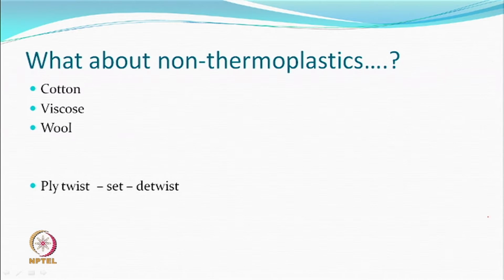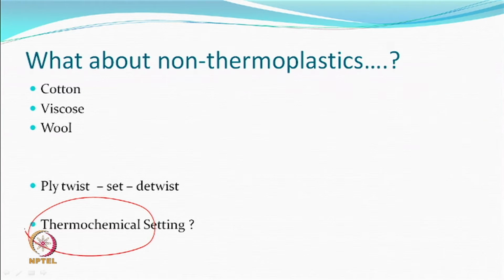So, the process will be the same. Here also take two yarns, give them a plied twist of an appropriate value and set and detwist. Only thing is, now the setting may not be thermomechanical, but may be thermo-chemo-mechanical, or you can call it thermochemical setting. So, mechanics anyway will come because you are twisting.